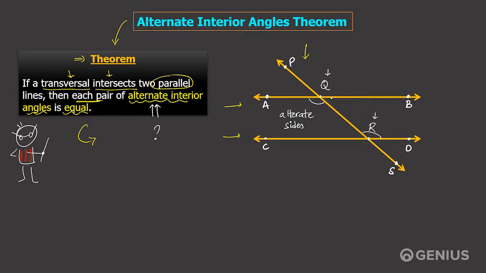The other pair is the angle BQR यहाँ पे and angle QRC यहाँ पे. Correct? अब the theorem then says that ये जो angles हैं these angles are equal. तो that means angle AQR is equal to angle QRD and angle BQR is equal to angle QRC. तो this is what the theorem actually means.